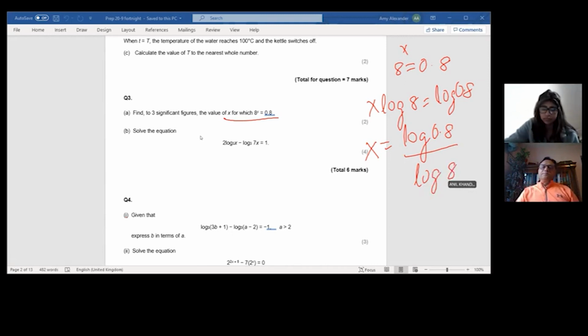So let me do this. Minus 0.107, to 3 significant figures.